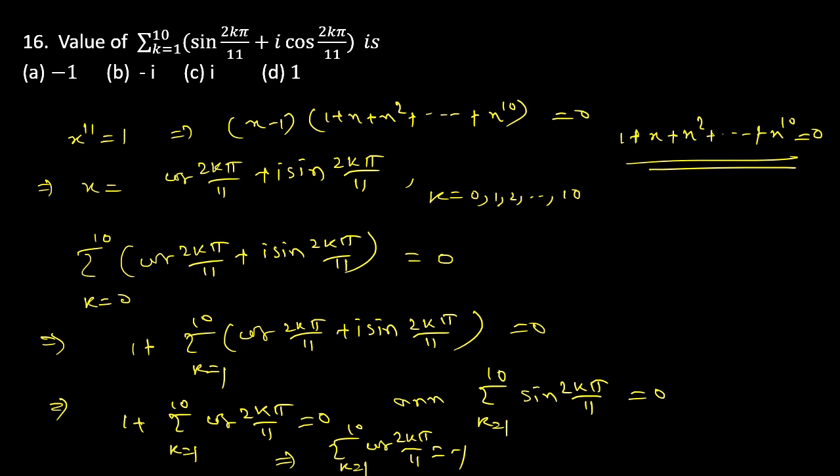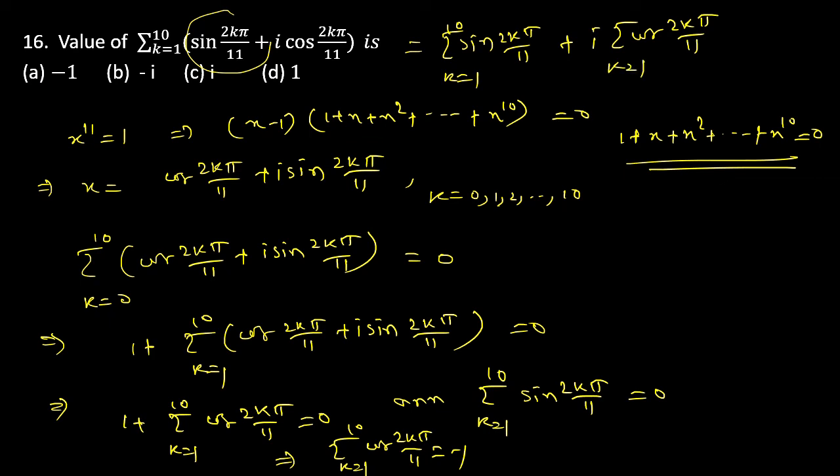Now look at the question: summation of sin 2k pi by 11 plus i cos 2k pi by 11, k equal to 1 to 10. So this is summation of sin 2k pi by 11, k equal to 1 to 10, plus i times summation of cos 2k pi by 11, k equal to 1 to 10.